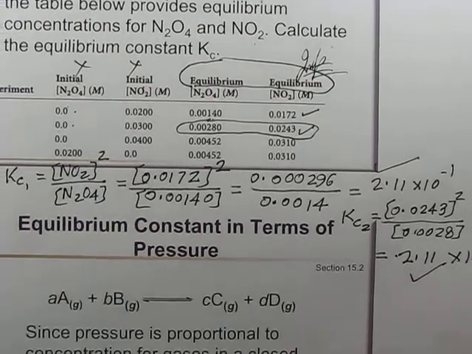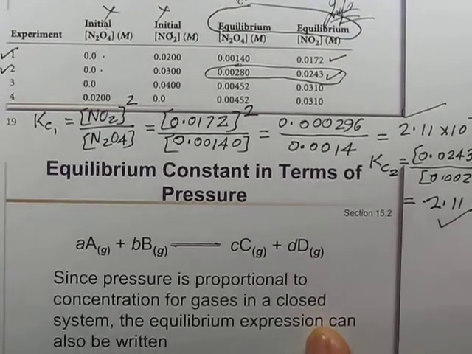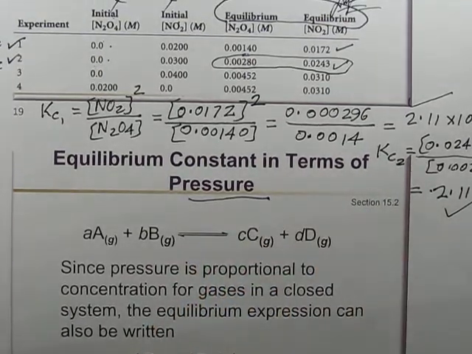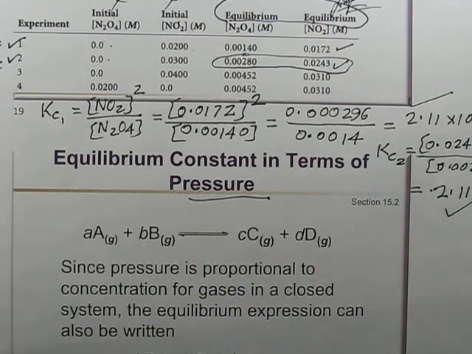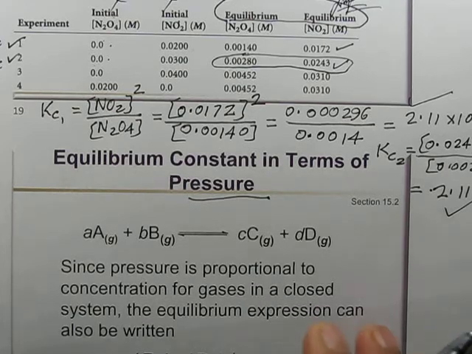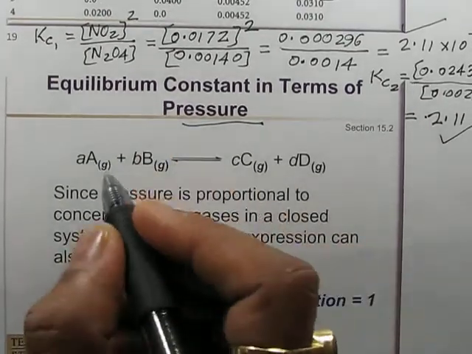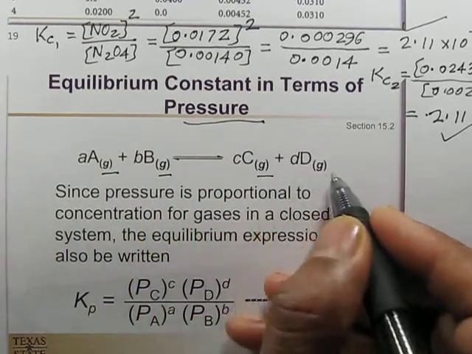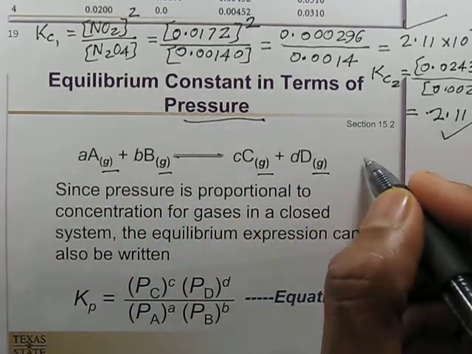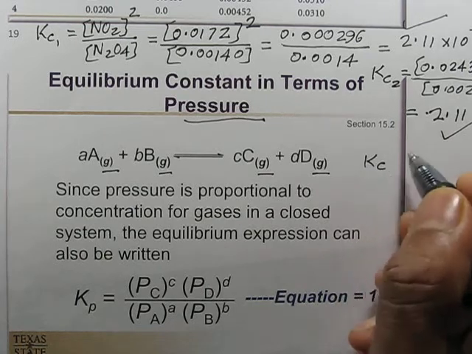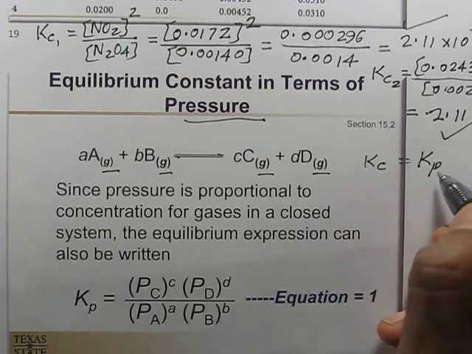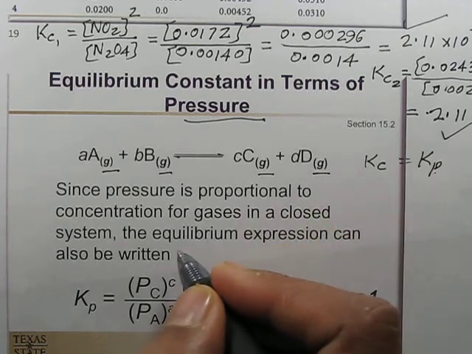So this was one example, and the next part is the equilibrium constant in terms of pressure. We have seen in the previous video that when we have a homogeneous expression written in the gaseous form, I was usually writing Kc, but rather than Kc I should write Kp. P represents pressure.